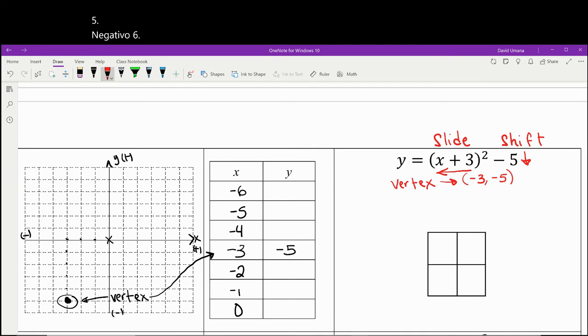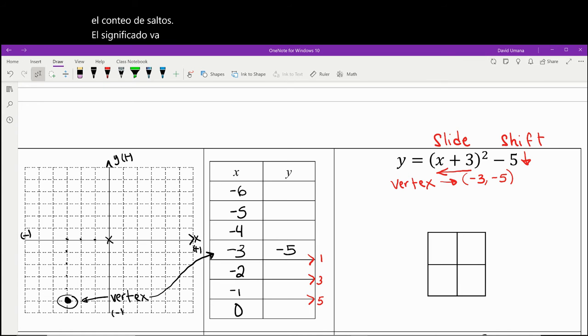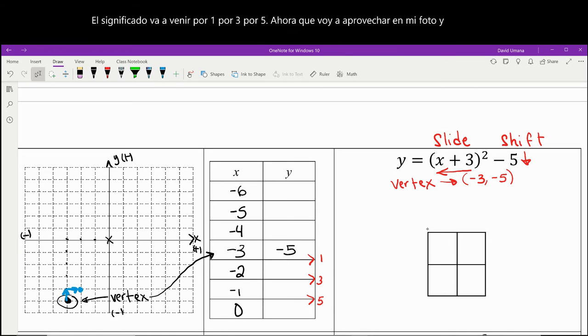And then I'm going to remind you that this pattern always has odd numbers for the skip counting, meaning it's going to count by 1, by 3, by 5. Now I'll take advantage of that in my picture, and that is 1 and over.